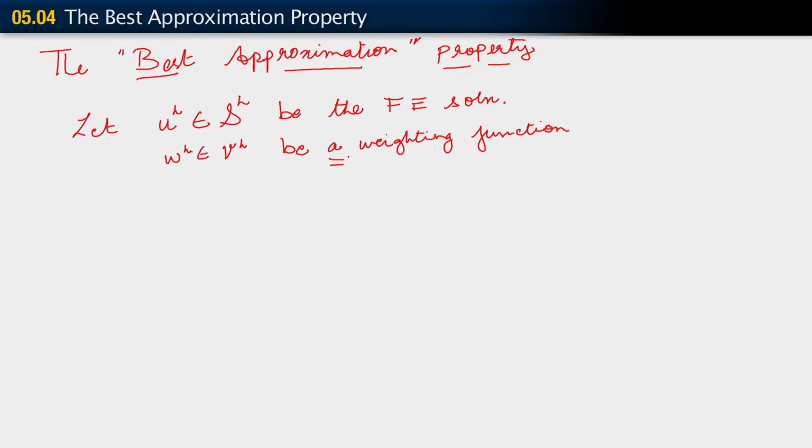Now I'm going to introduce a third field that we have not previously considered. I'm going to denote this as capital Uh. It too belongs to Sh. However, it is not the finite element solution.